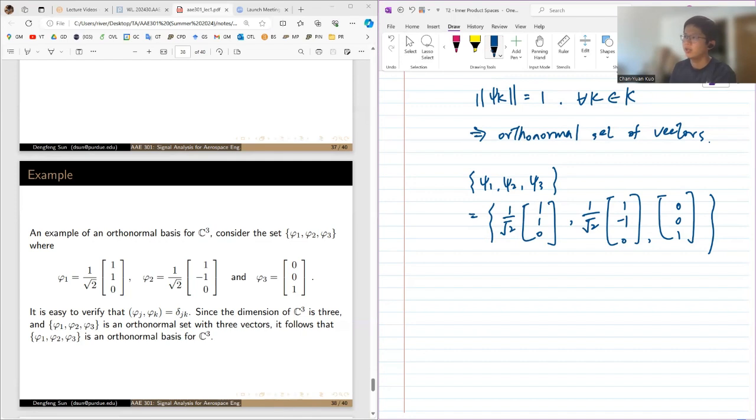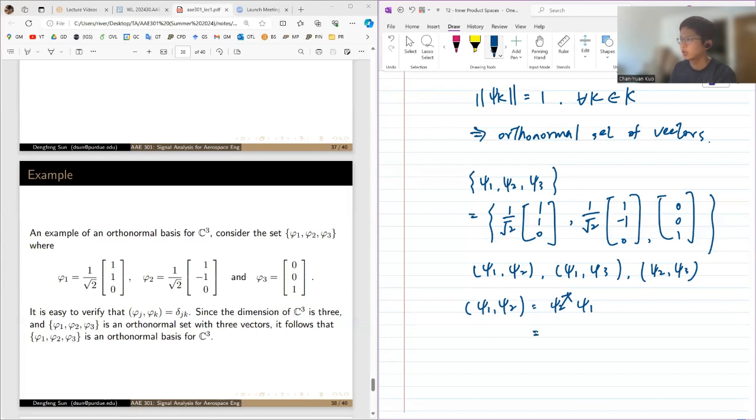And the other thing we check is if these vectors are perpendicular to each other. So let's look at the inner product of psi 1 and psi 2, the inner product of psi 1 and psi 3, and the inner product of psi 2 and psi 3. The inner product of psi 1 and psi 2 will be the complex conjugate transpose of psi 2 times psi 1.